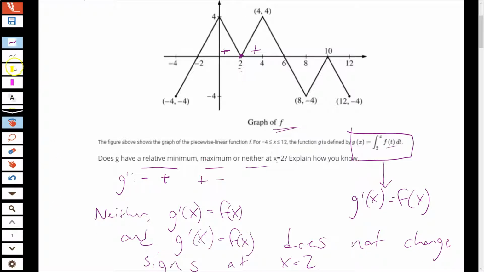So in your explanation, I'd be looking for two things: the fact that you know what the derivative of g is, and then that it does not change signs. That one I think was pretty straightforward if you had your reference and if you understand how to take the derivative of this accumulation function.